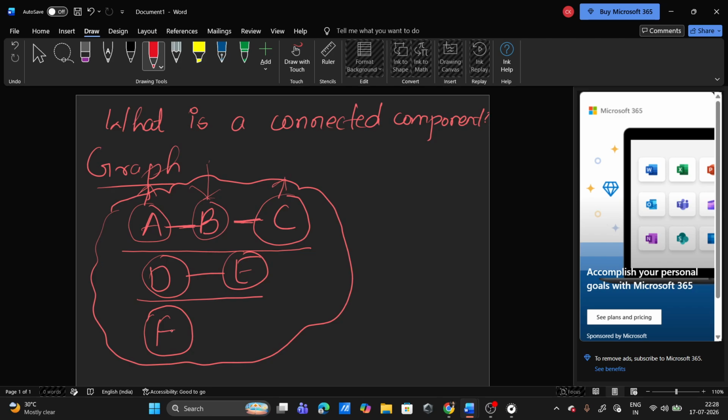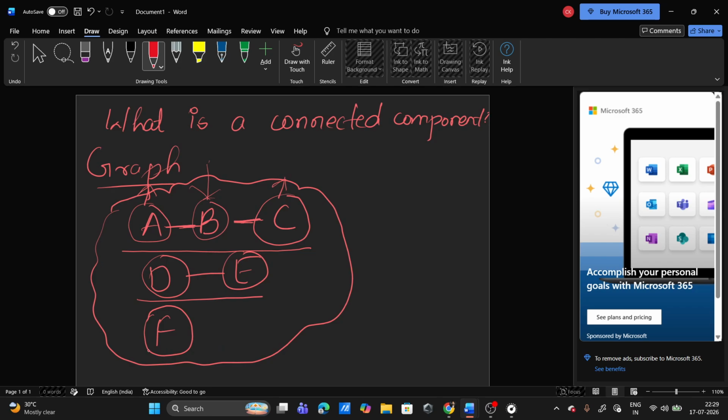Take a moment and think about it. It is a connected component. Why? Because you can reach vertex F itself. Obviously, you cannot reach any other vertex because there is no edge which connects F with another vertex. So you can only reach vertex F itself. Therefore, F is also a connected component.